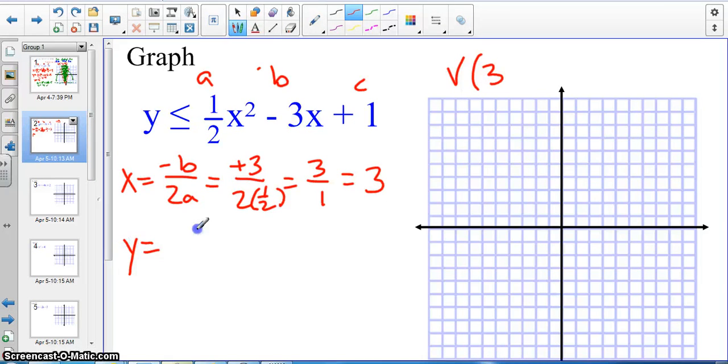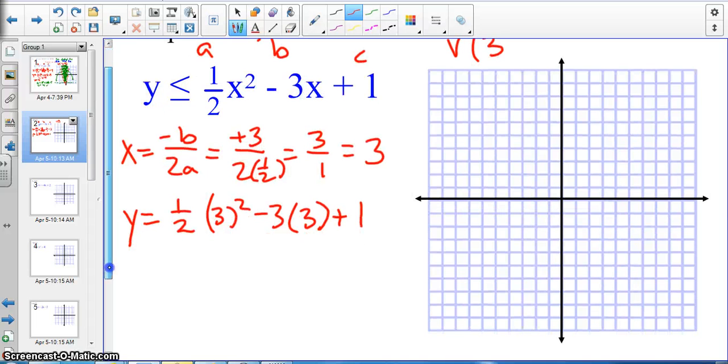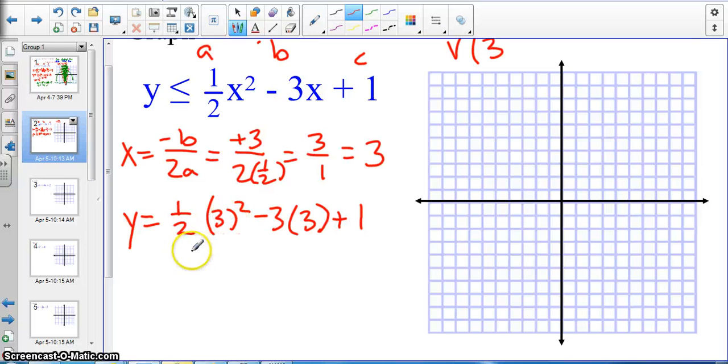To find my y, I'm going to take 3 and plug it in for x. So now I have 3 squared is 9, half of 9 is 4.5. Negative 3 times 3 is negative 9, plus 1.